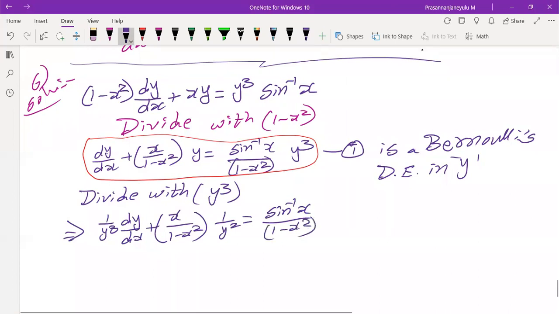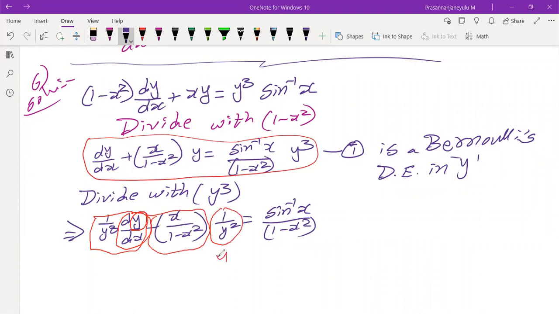Now, if we observe, the dy by dx coefficient may be constant, or 1, or maybe in terms of the dependent variable y. So it is acceptable. Treat it as dy by dx plus p of x into y. In place of y, what do we have? 1 by y square. So we substitute 1 by y square equal to a new variable z, equal to q of x.